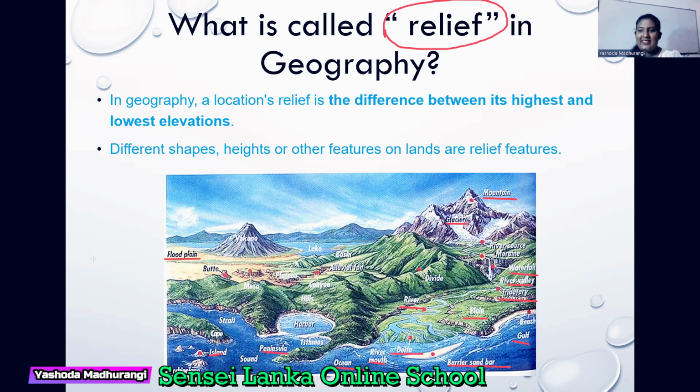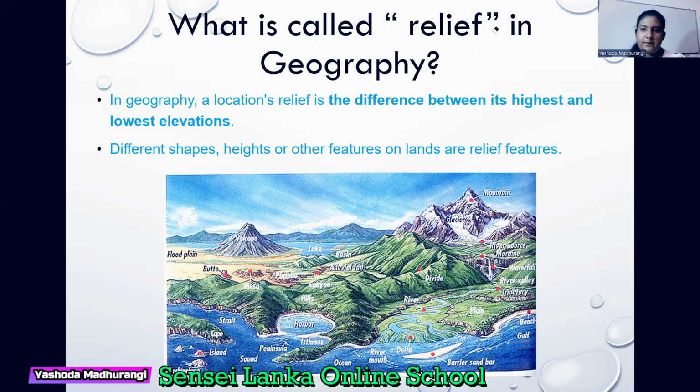That's enough. There are many in this picture. These are the relief features. The things we can see on the land. Relief. Naturally, they are located like that. So, we are going to learn about these relief features in our country, Sri Lanka.